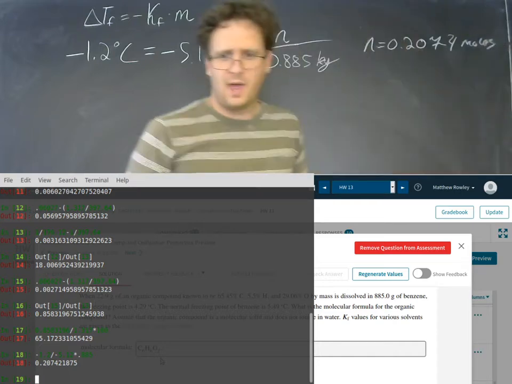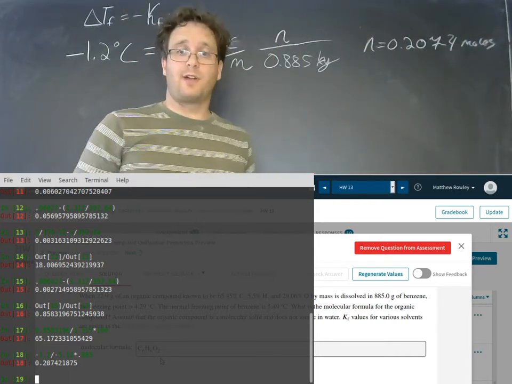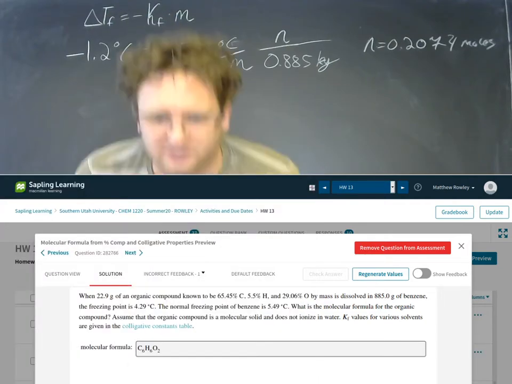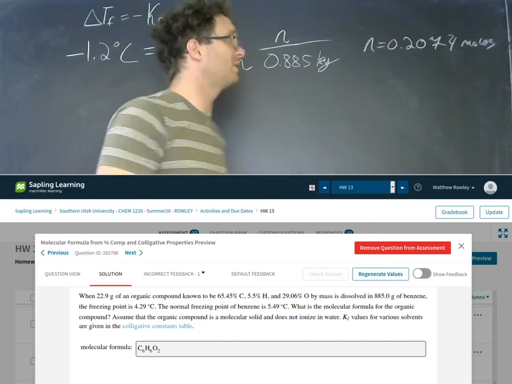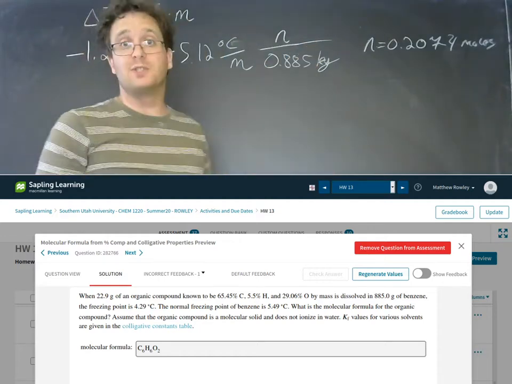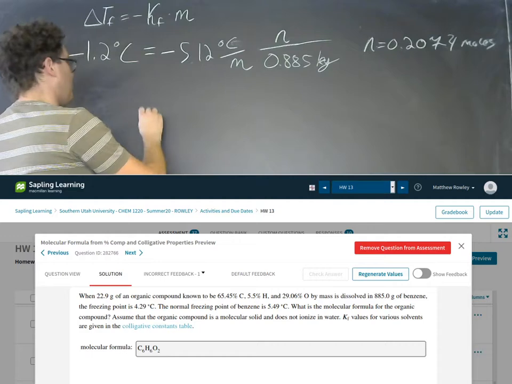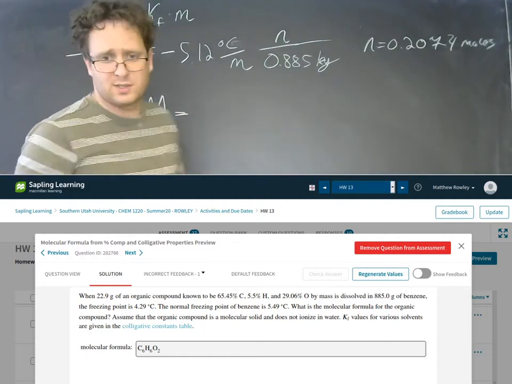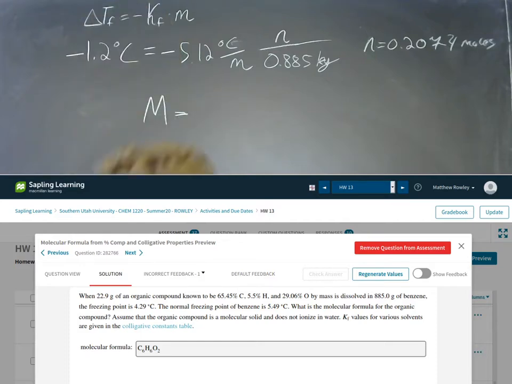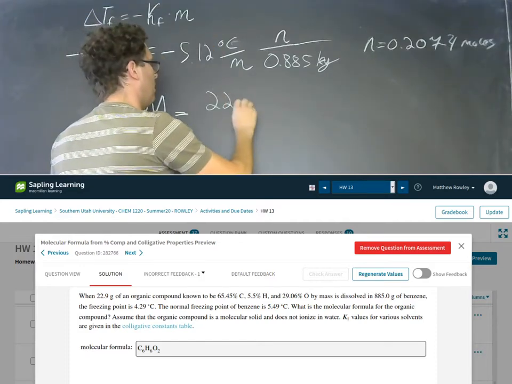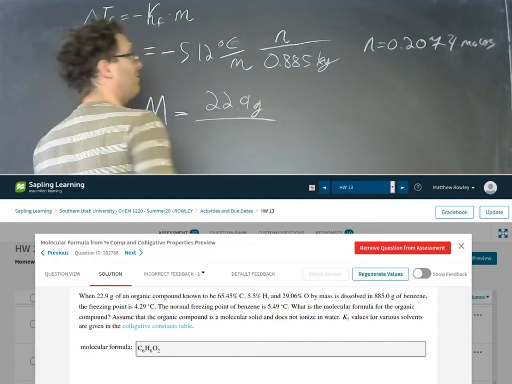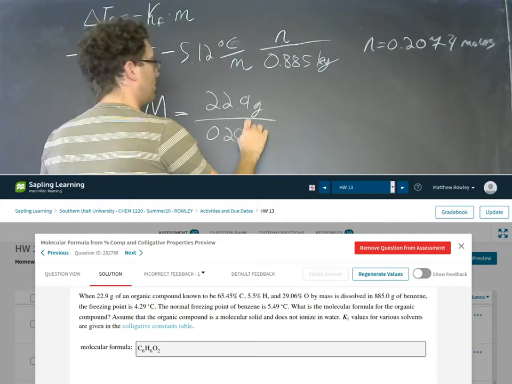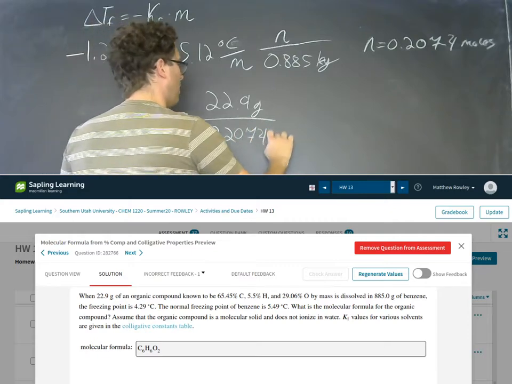And now we can do something very clever, because we know the total amount that we dissolved. It's 22.9 grams. And we know how many moles that was, so we can now find the molecular weight, or the molar mass, of our compound. It's just the grams, 22.9 grams divided by the number of moles, 0.2074 moles.